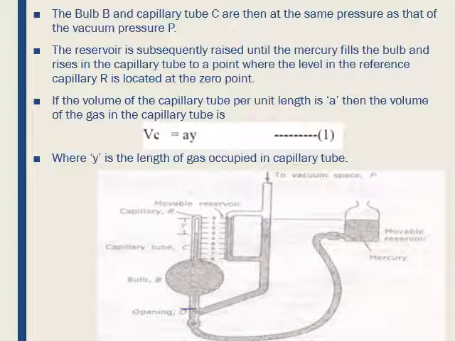It consists of the capillary tube C and the bulb B, and the mercury sump which is connected to the lower end of the glass tube such that it can be moved up and down.